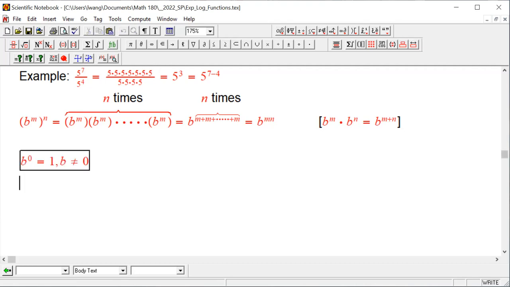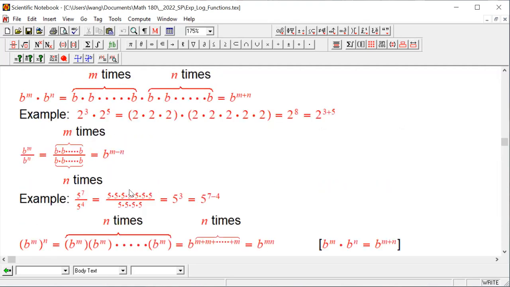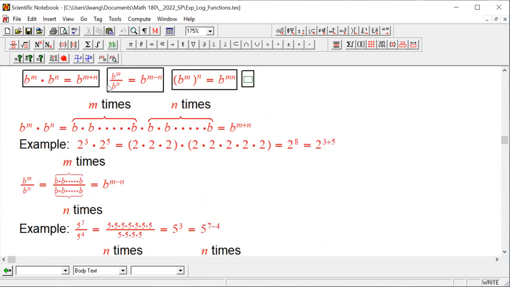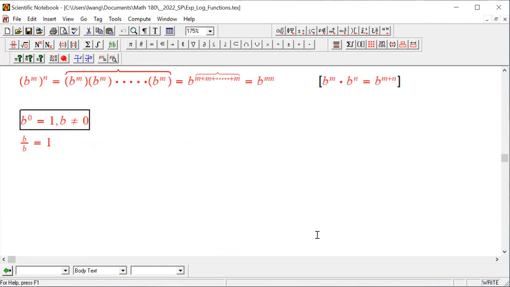Okay, so first of all, when we have b divided by b, we know that equals 1, right? By one of the other formulas we derived, b to the power m divided by b to the power n, this will be the same as b raised to the power of 1 minus 1.